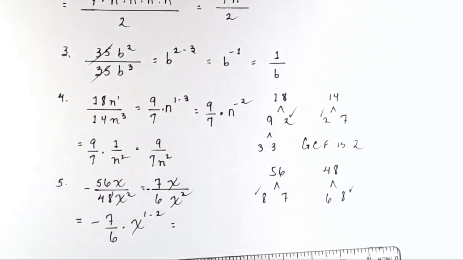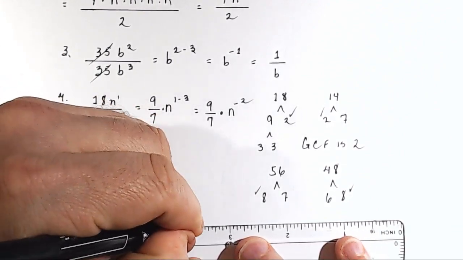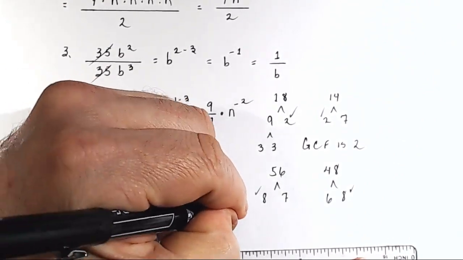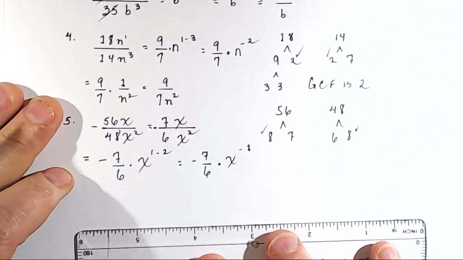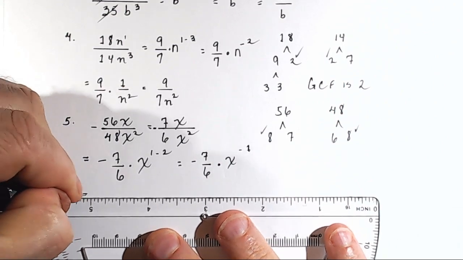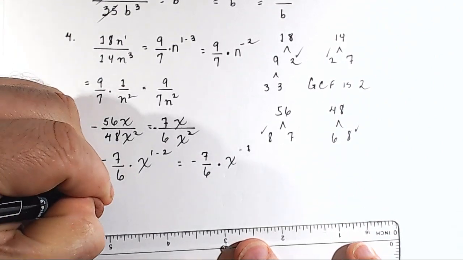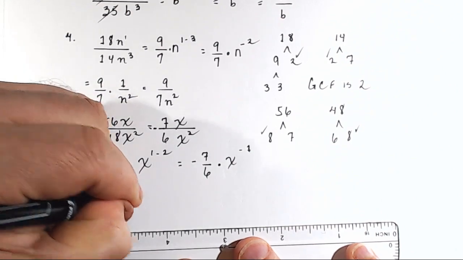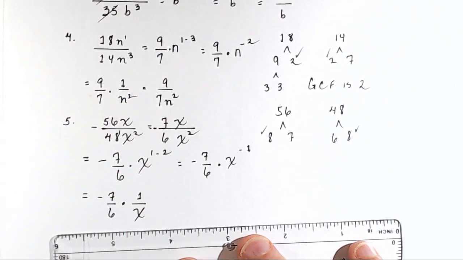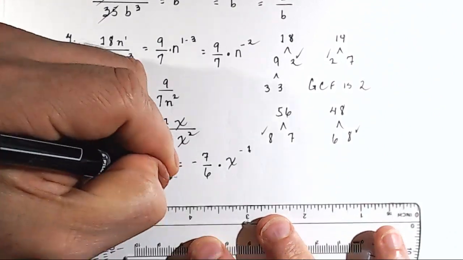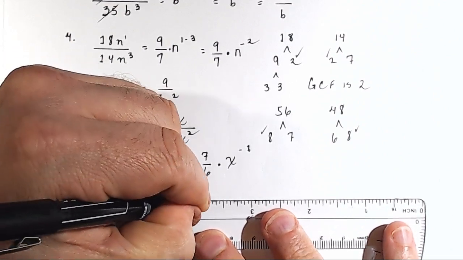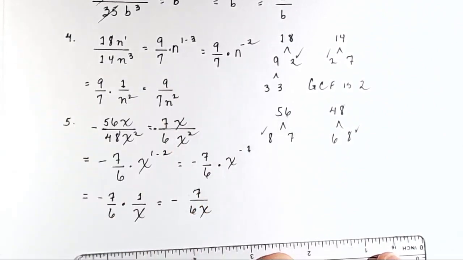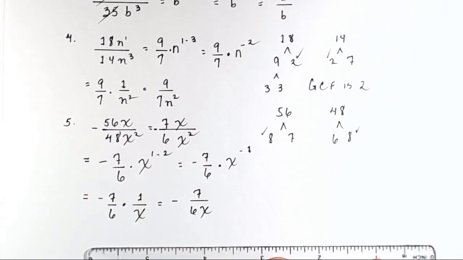And that is equal to negative 7/6 times x to the negative 1. And we apply the negative exponent rule to set that equal to negative 7/6 times 1 over x. And we'll multiply across the top. We got negative 7 over 6x. And that's number 5.